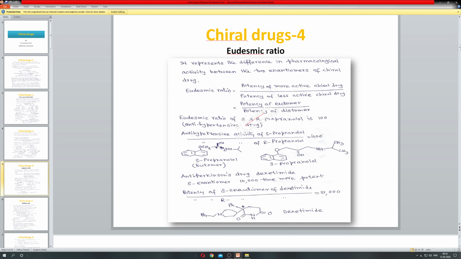Now take another example, that is the Eudysmic ratio of this molecule, dexetimide. Here also we have the chiral center. So here S enantiomer is the eutomer and the R enantiomer is the distomer. This is used for the treatment of Parkinson's disease, and this Eudysmic ratio is 10,000.